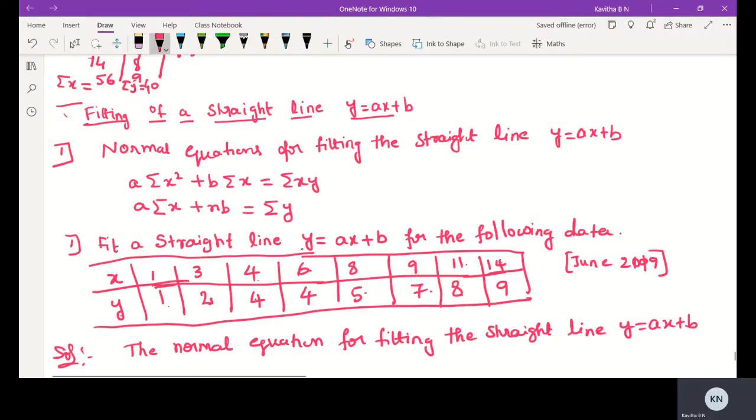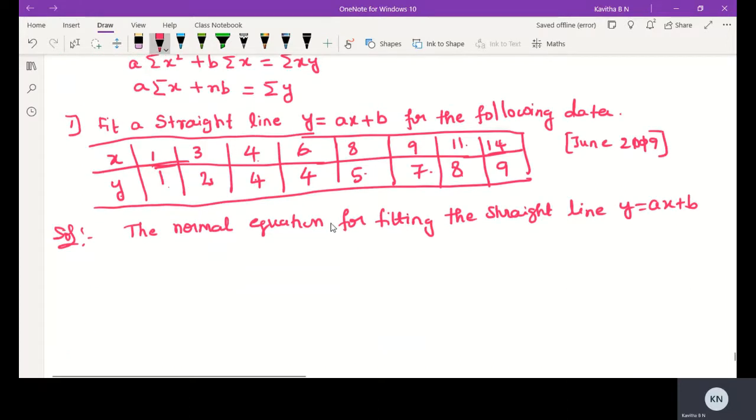Summation of y is equal to a into summation of x plus nb, and summation of xy is equal to a into summation of x square plus b into summation of x. Write the formula first.